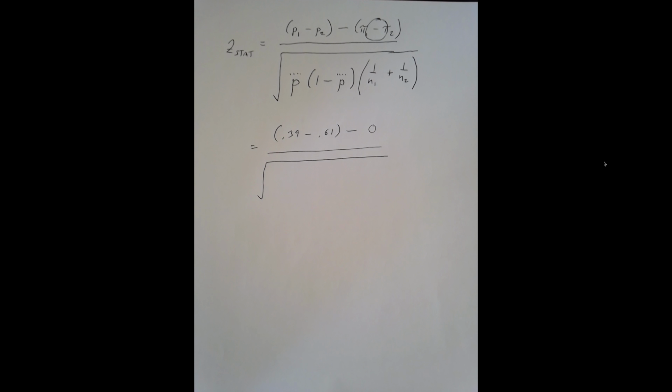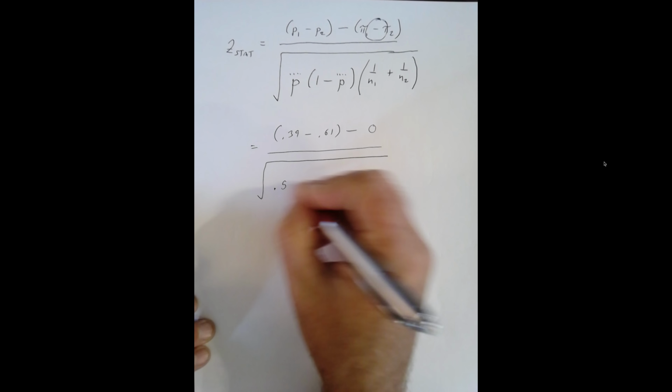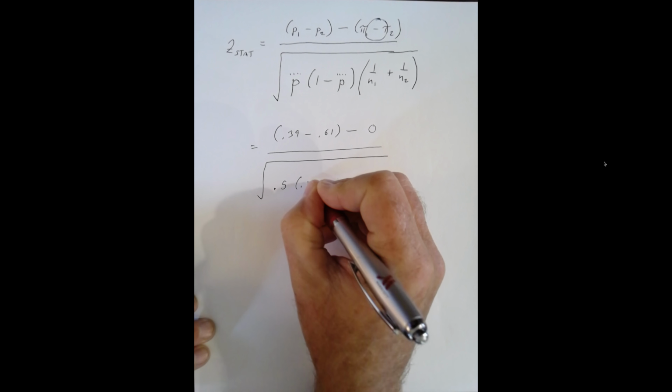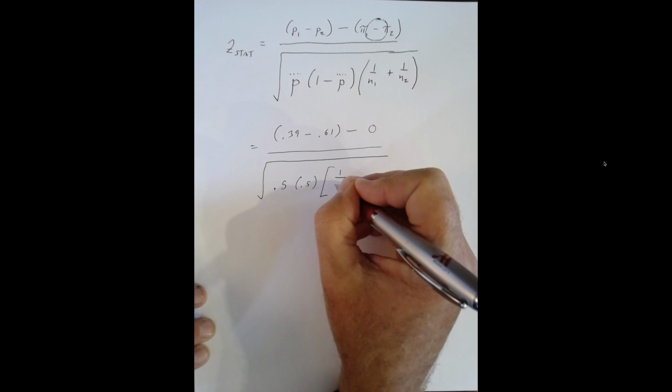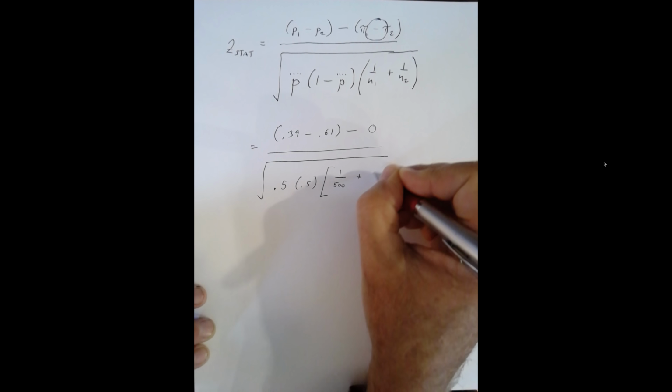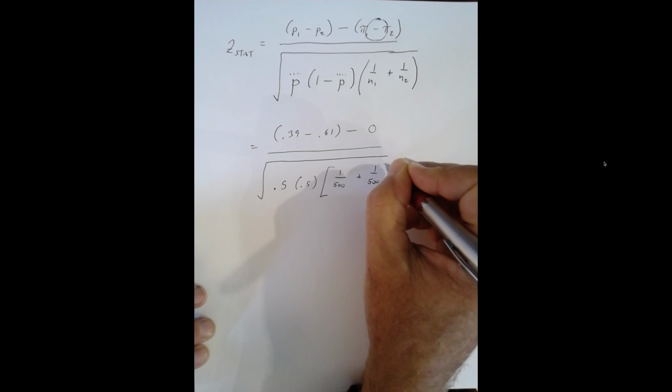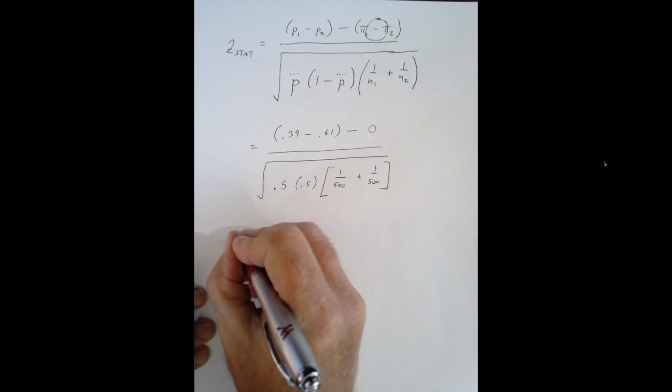And then we have the square root of the pooled estimate, what was it, 0.5? So 1 minus 0.5 is just 0.5. That works out kind of nicely. And then we have 1 over 500 plus 1 over 500.